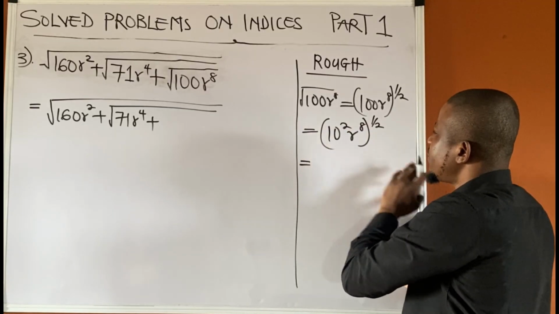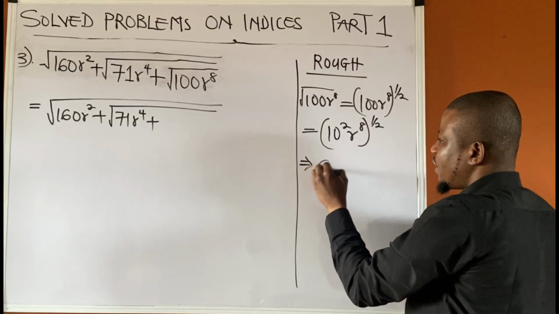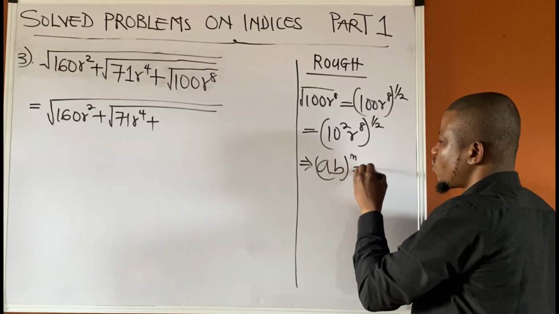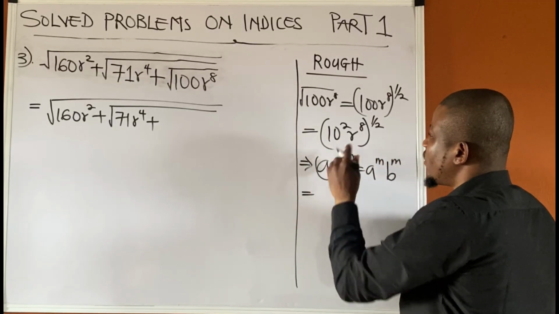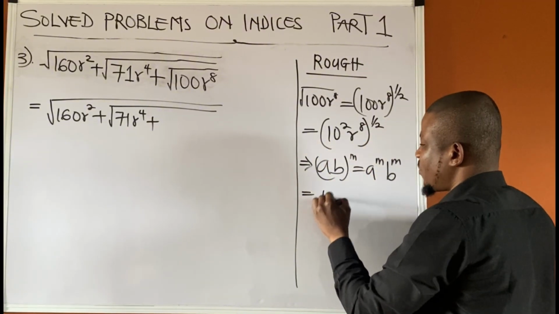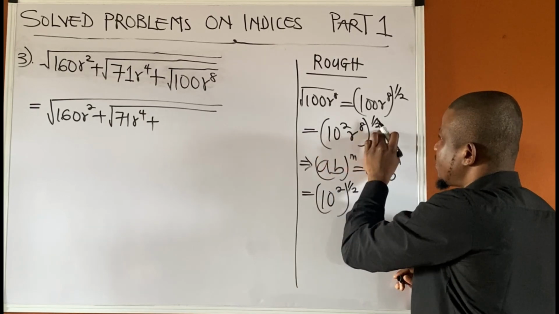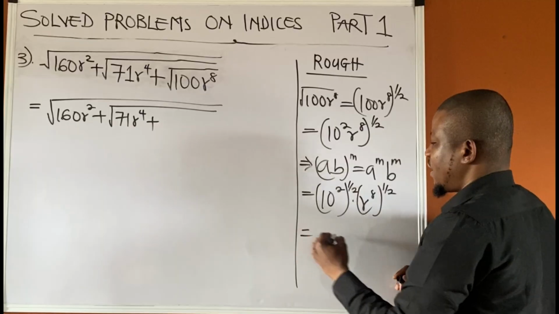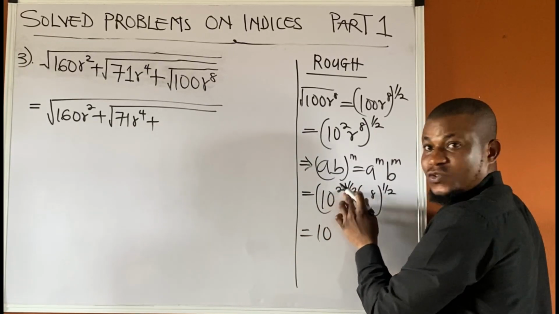Now, according to the product power law, which says that (ab) to power m is equal to a to power m, b to power m, each of these terms will be raised to this power. So we have 10 to power 2 to power half, r to power 8 to power half. Now the powers will multiply, right?